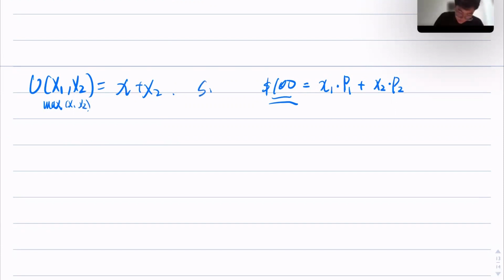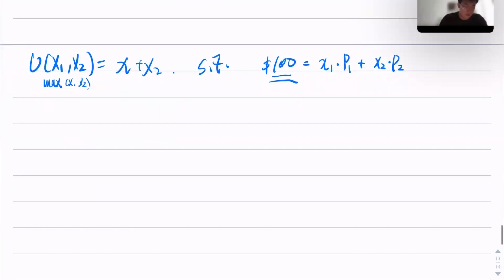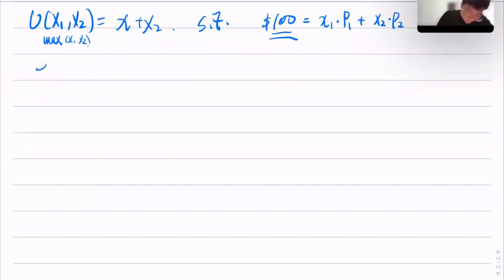And we have our constraint function, so we can use the Lagrange method to combine them into one function, which is the Lagrange function over x1, x2, and don't forget our Lagrange multiplier lambda.